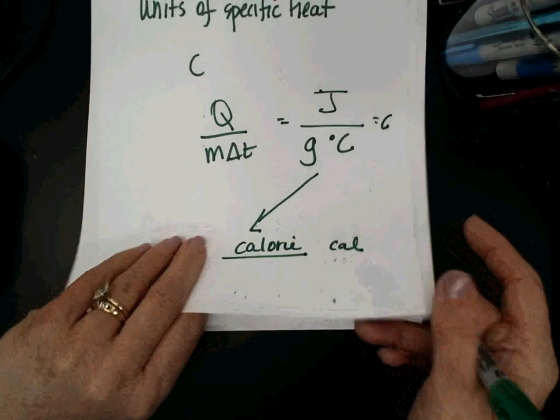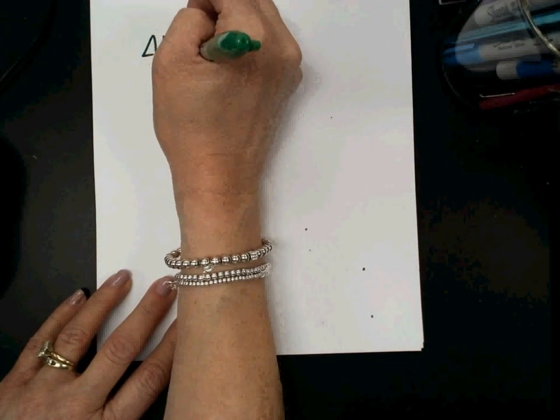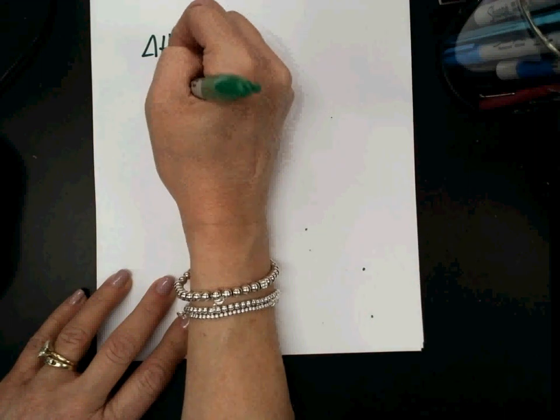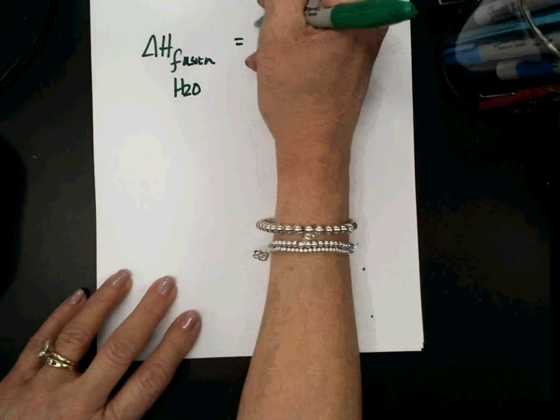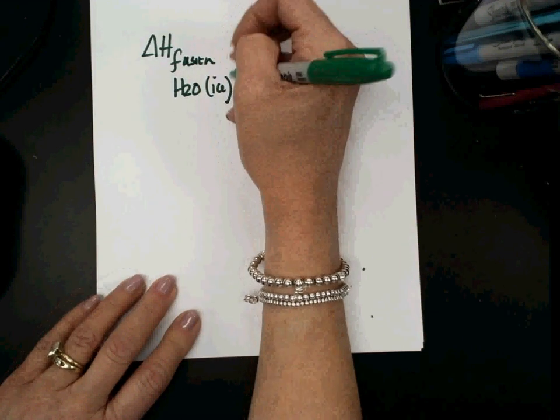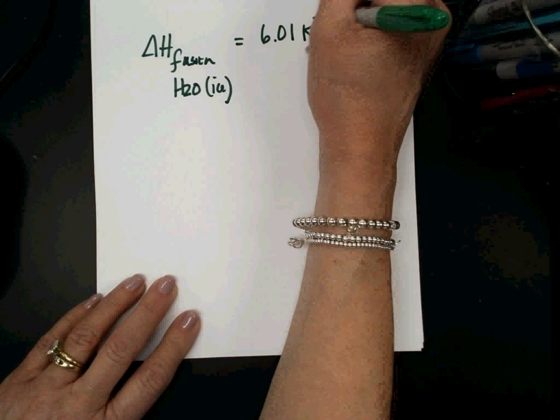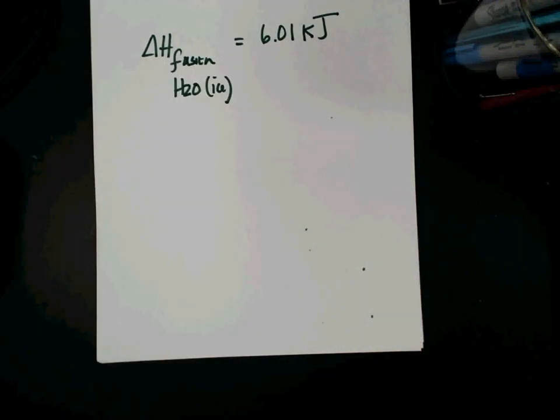There are some standards that you have to remember as you do this. My delta heat of fusion for water is equal to, which would really be ice, I guess we should put in parentheses, 6.01 kilojoules.